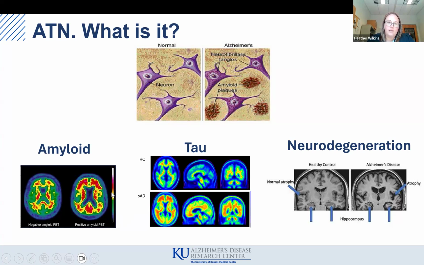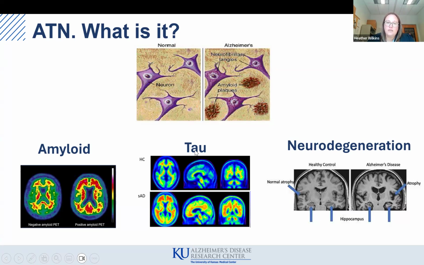Blues and greens are negative, yellows and reds are higher. Everyone has amyloid in their brain, so you're never going to see a scan with no amyloid. But in someone who has Alzheimer's disease, they get positive scans like this because there's a lot more of it in the brain on that PET scan.